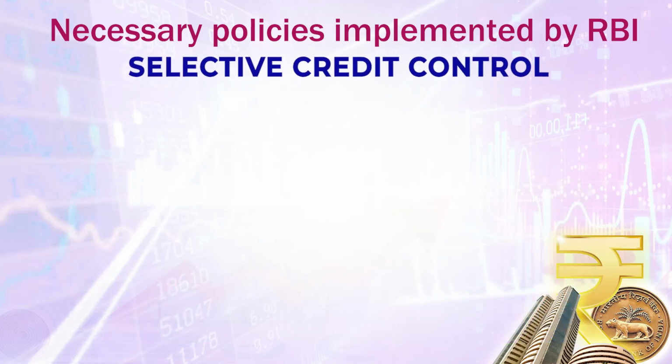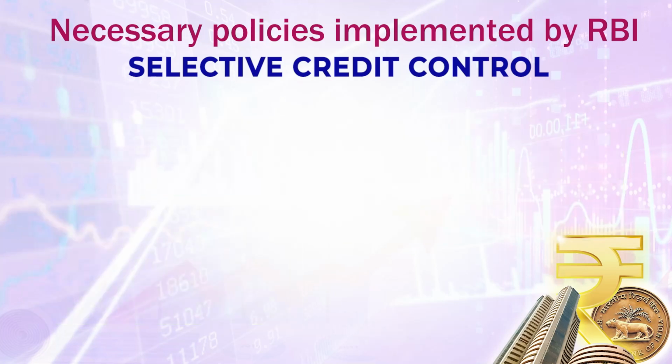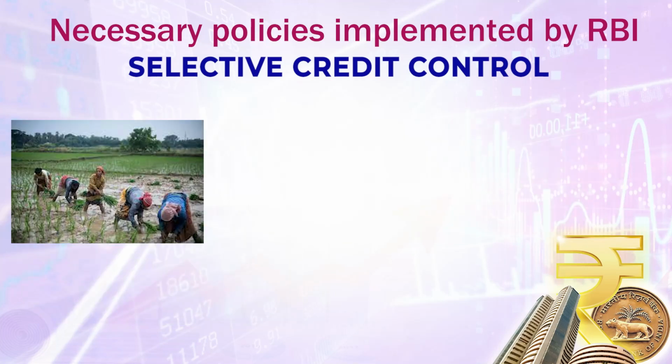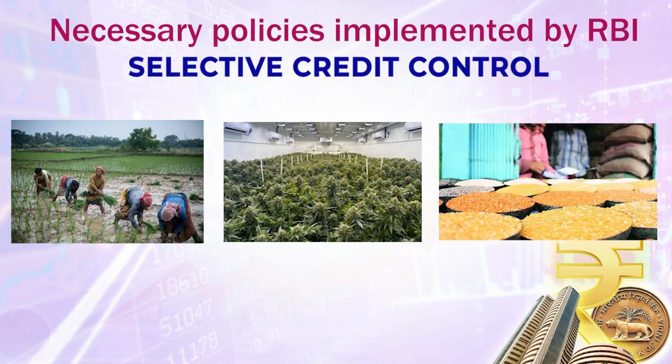The third one is selective credit control. It is also implemented by the RBI. When some specific sector increases its price level, which will affect the masses, suppose rice production, the manufacturing of wheat, the oil seeds, the khesari dal, and if these particular commodities increase their price, it will affect the overall masses.